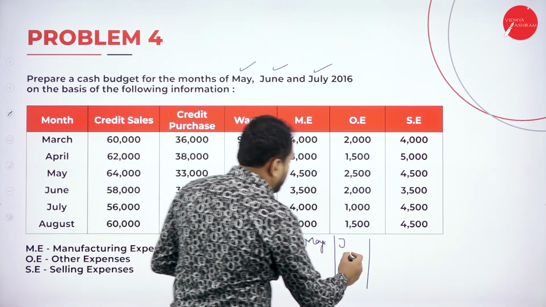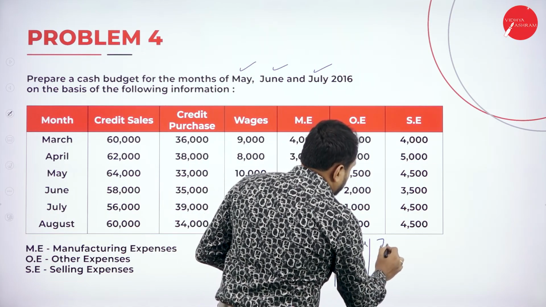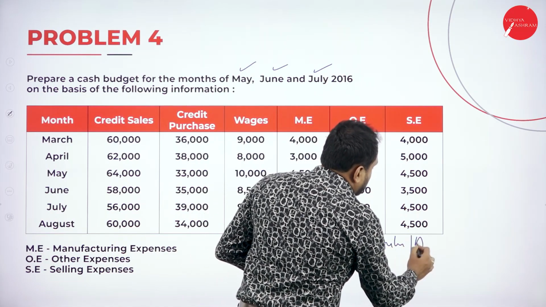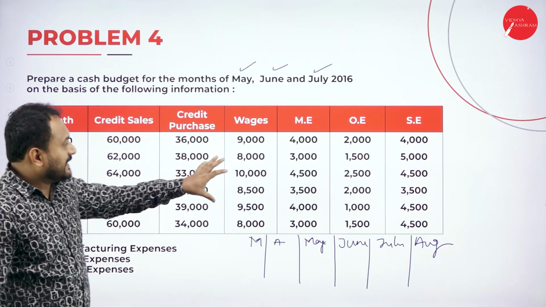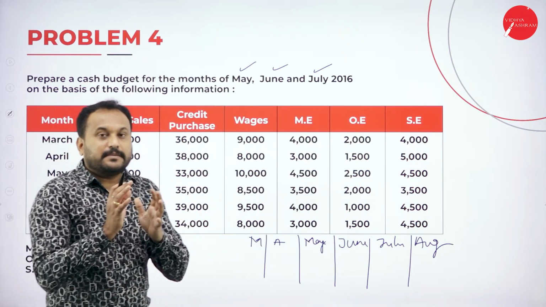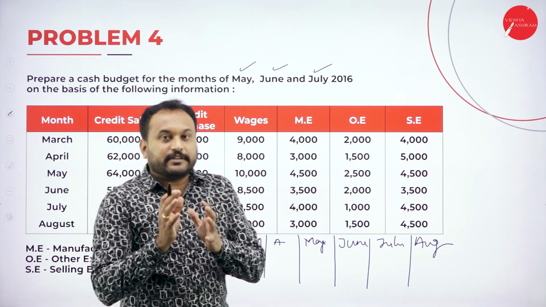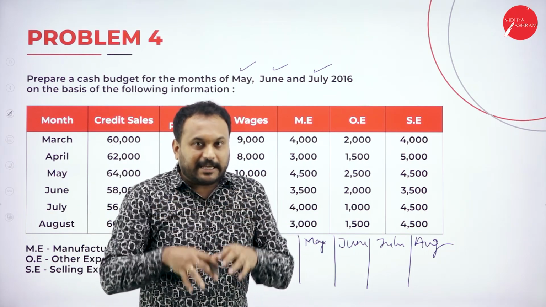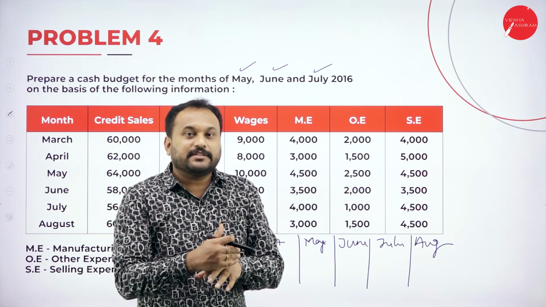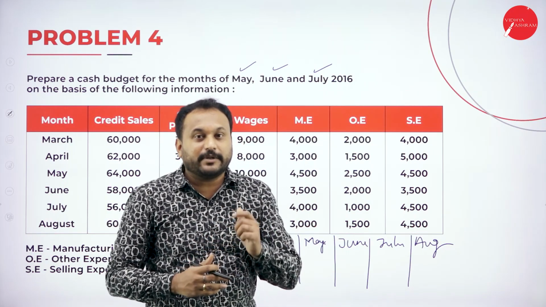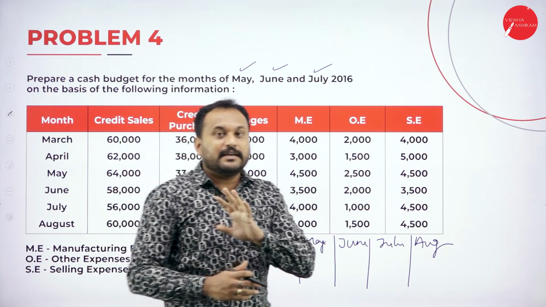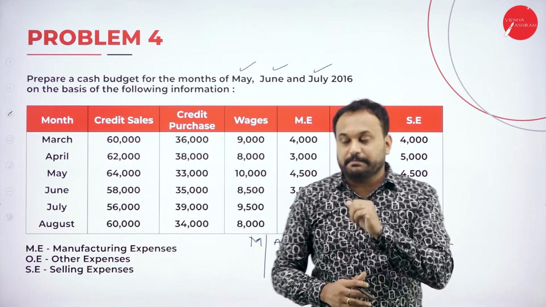Let's go with August just to show you what exactly happens. They said that 50% of the amount will be given in the same month. The next 50% will be given in the next month. That is what the lag in payment is for. How much? Half a month.